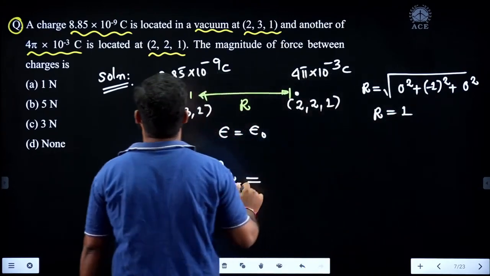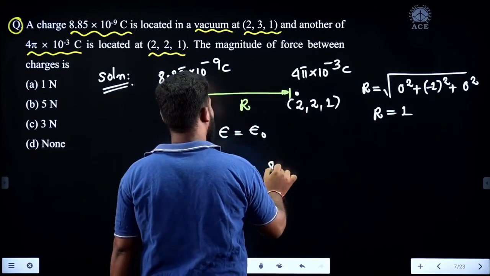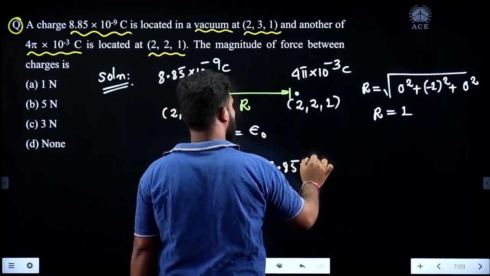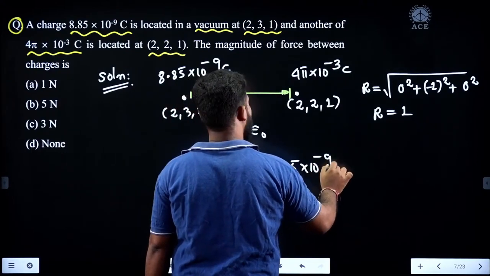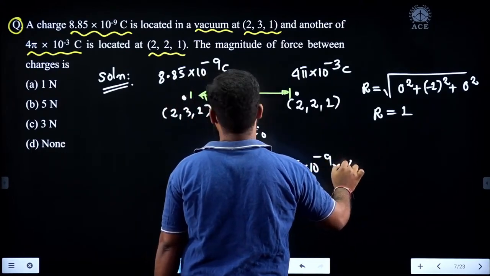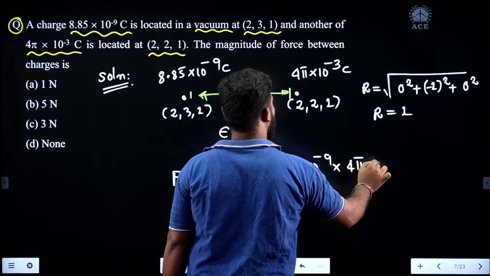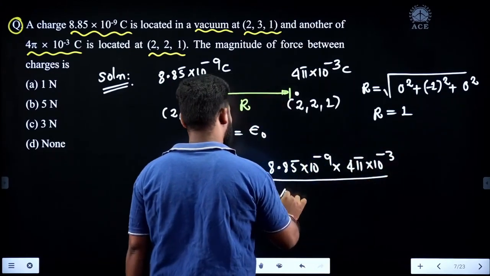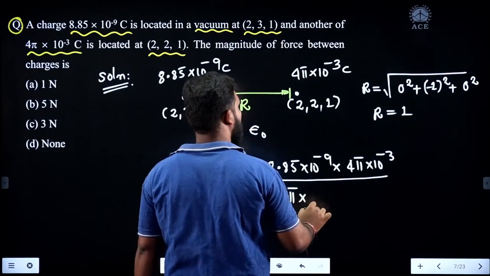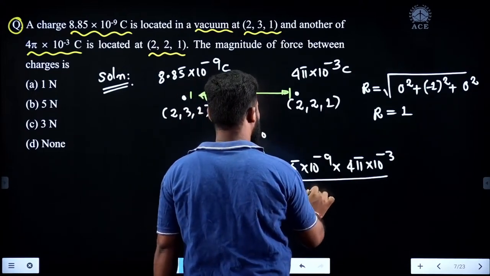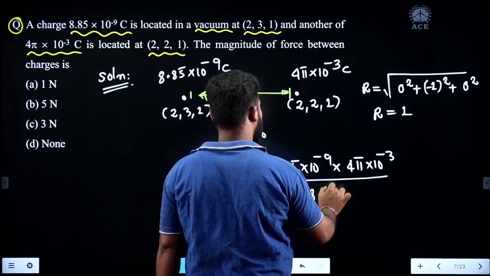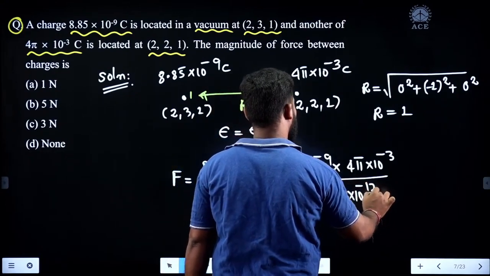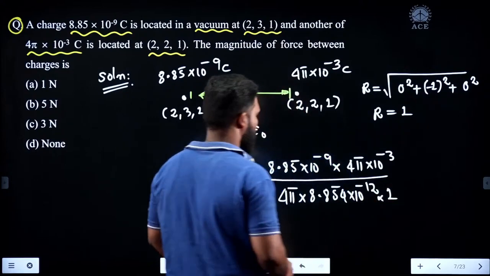Clear? Okay, substitute all the values. Here it is 8.85 into 10 to the power of minus 9 into the other charge, 4 pi into 10 to the power of minus 3, divided by 4 pi into epsilon naught, which is 8.854 into 10 to the power of minus 12, into 1.